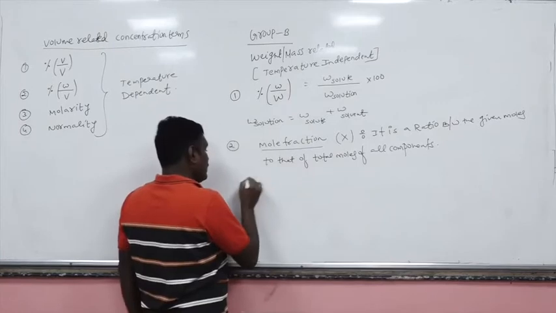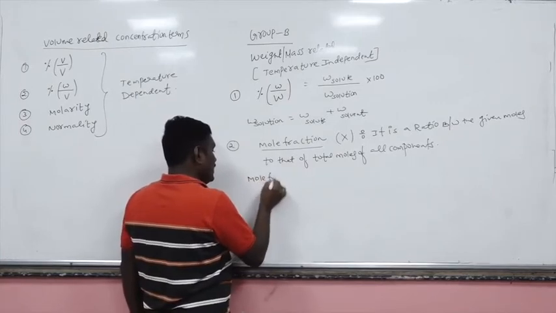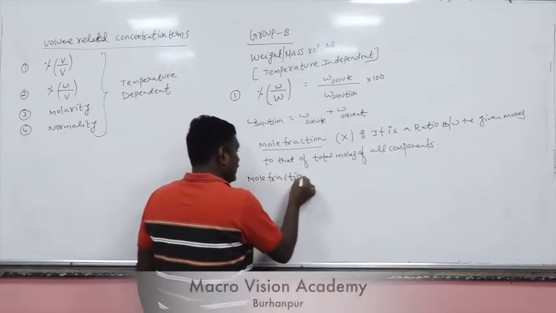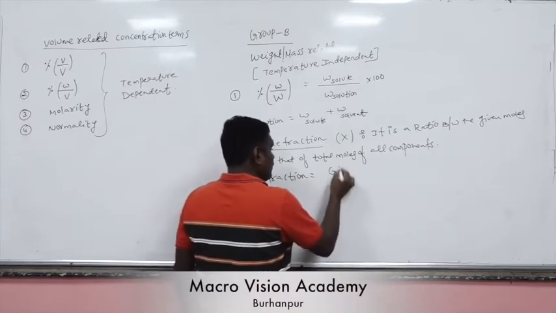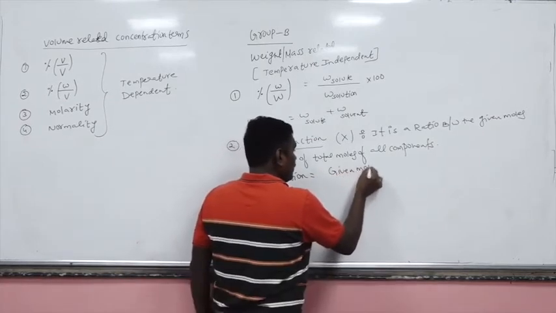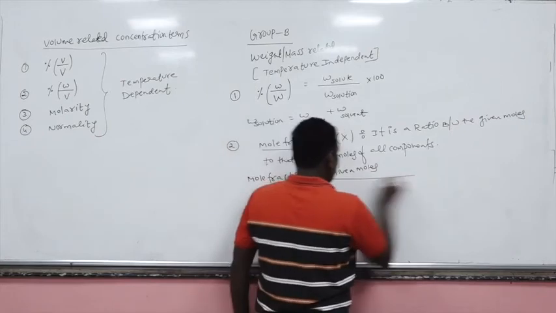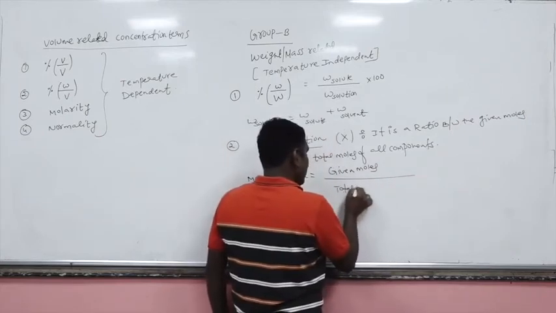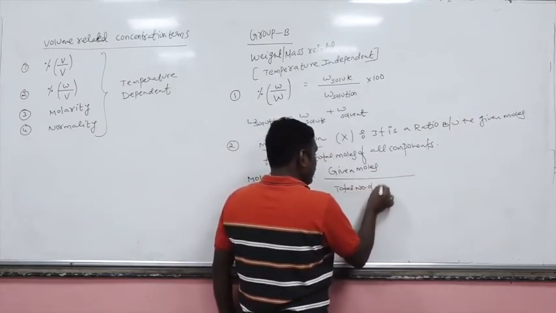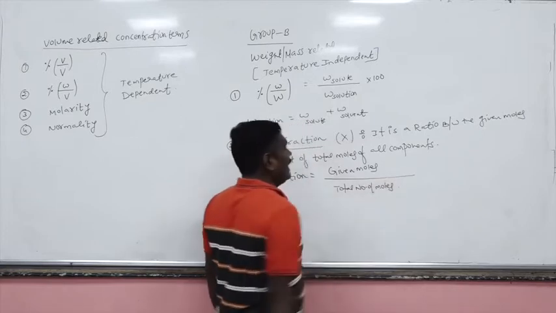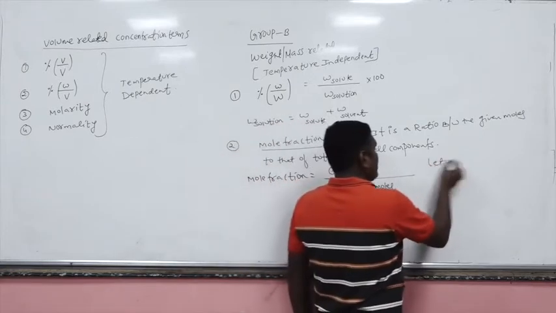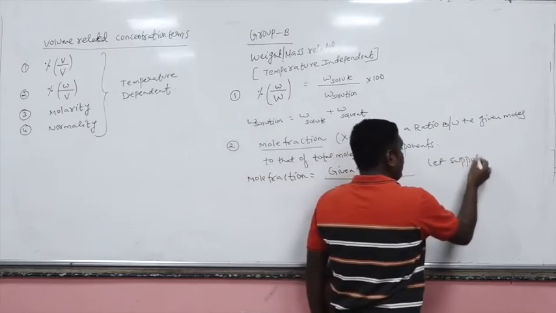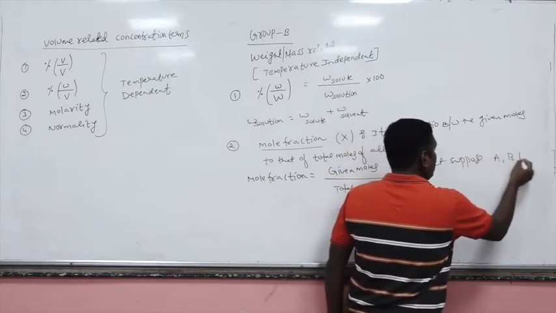Okay. Now, mole fraction is a ratio which gives given moles divided by total number of moles. Let us suppose A and B, 2 components.